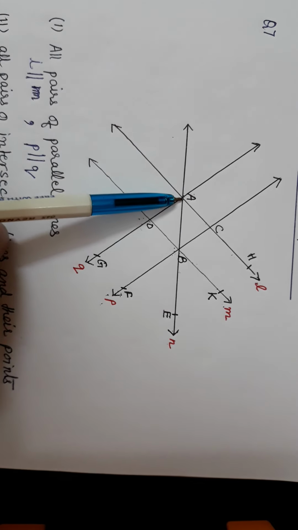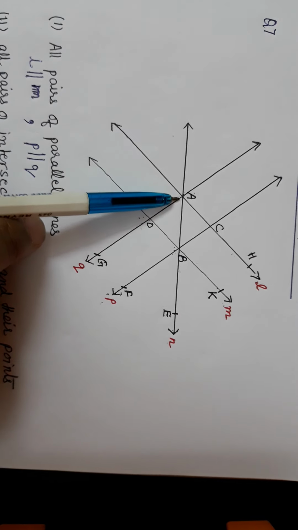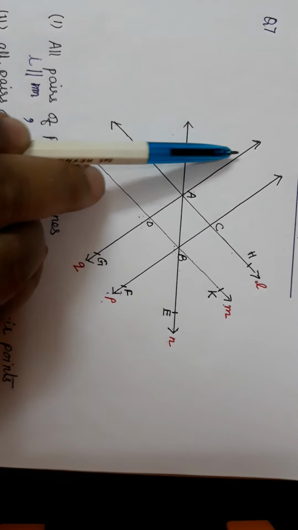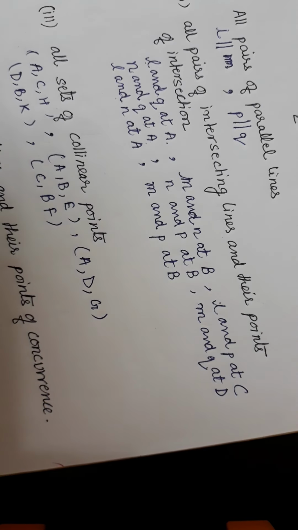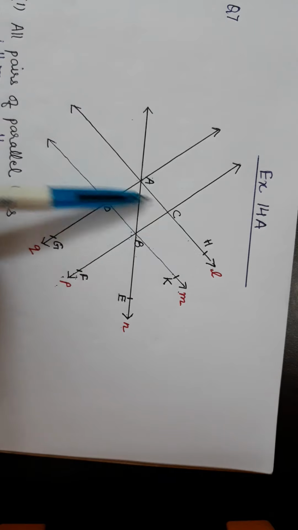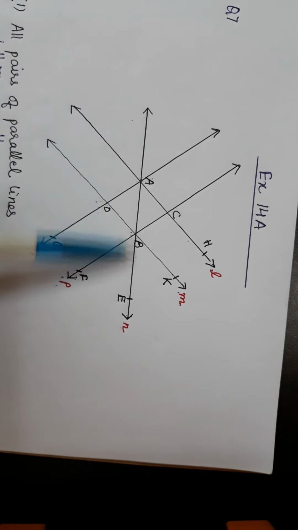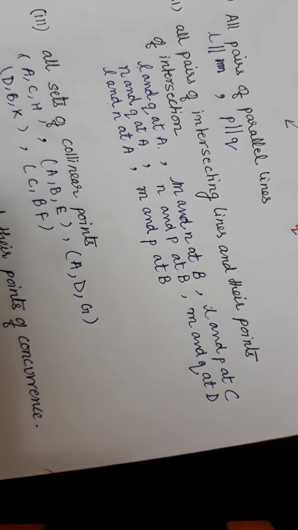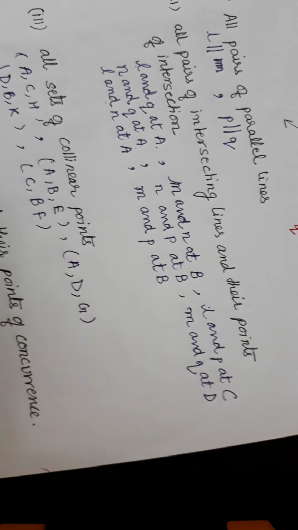Okay, so at point A, how many lines are passing? Line N, line L, and line Q. So L, Q, N are passing at point A. So the point of concurrence is A.